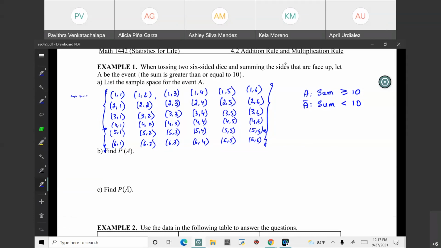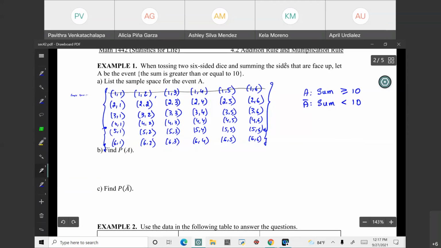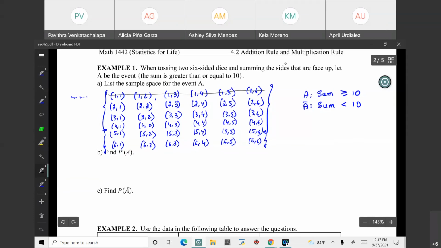Let me come to this end. 6 plus 1, 7. So there is no way I can select from this row. In the same way, check for the minimum value. 2 comma 1 is 3. Last value is 8. I have to get more than 10. I cannot get this row.